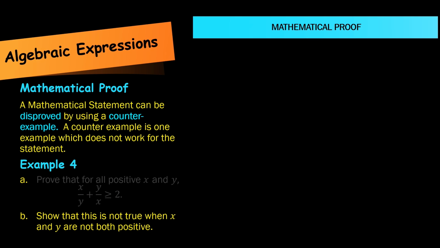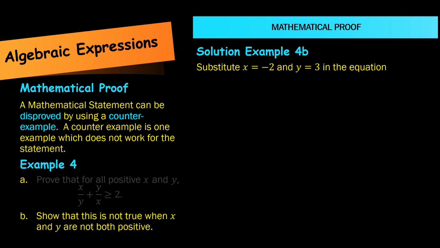Now part B asks us to show that this is not true when x and y are not both positive. Let's solve this. Let's try x equals minus 2 and y equals 3 in the equation. So we have x over y plus y over x is greater than or equal to 2.